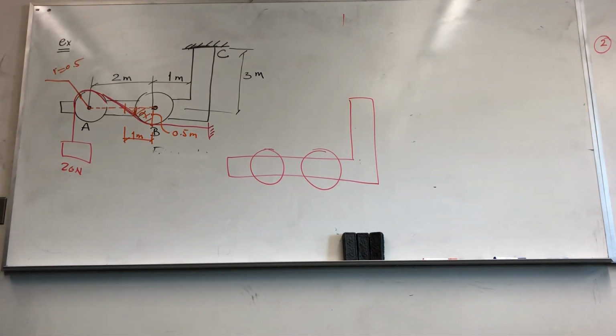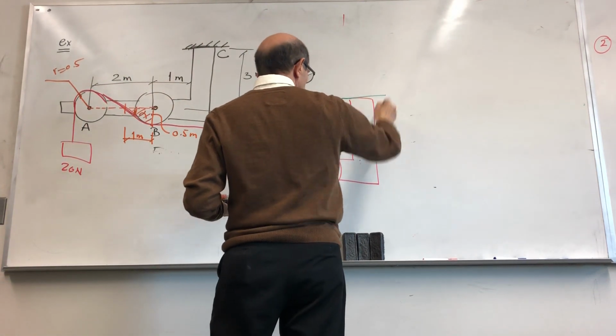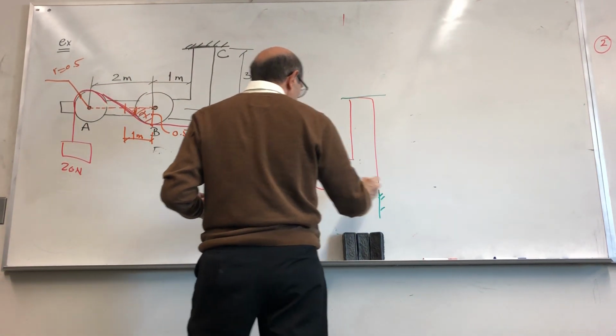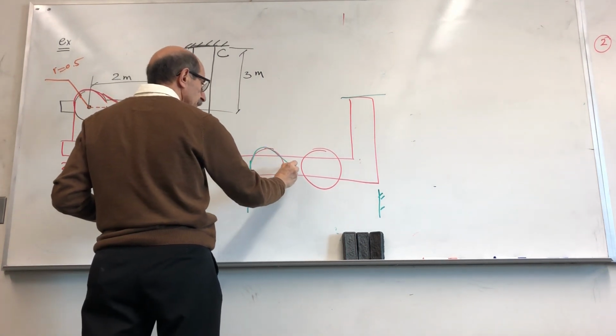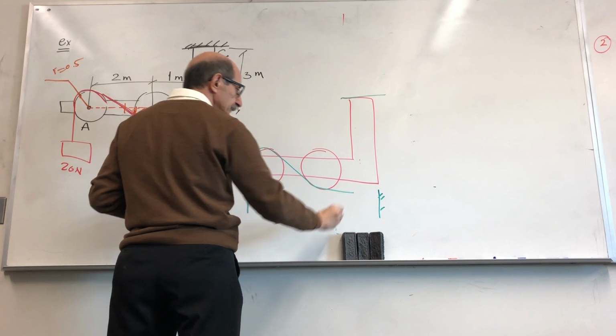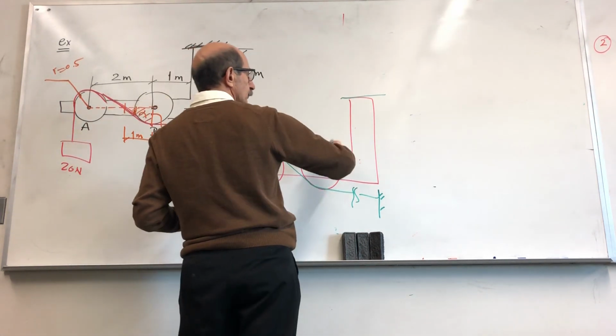And I only need to cut the structure from what is supporting it. So the structure is supported here and here, right? So you have this cable going around, right? So I would cut it here, and I would cut the structure here.